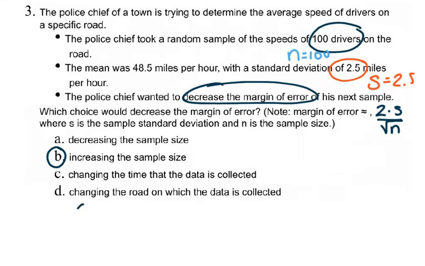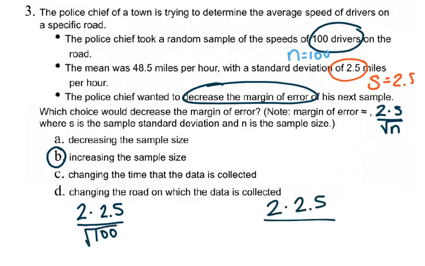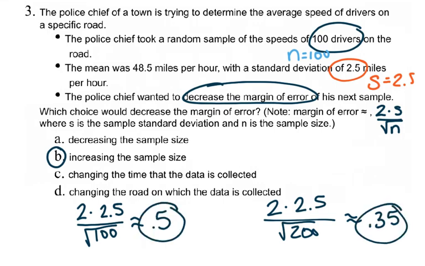So what I'm going to show you first is what it actually is with this sample size. And then we're just going to increase the sample size. So now I'm going to do 200. I'm going to type both of these in the calculator, and let's see if the margin of error actually decreases. Alright, so notice it went from 0.5 to 0.35, so yes, it did in fact decrease.